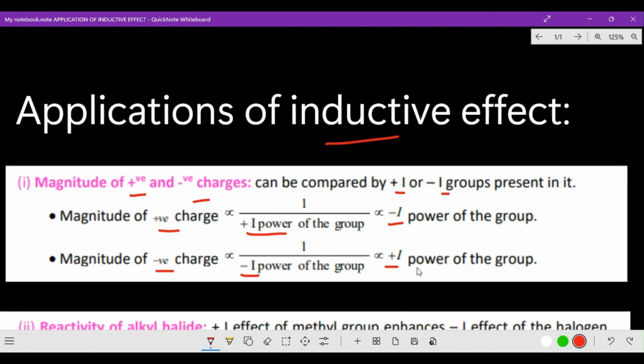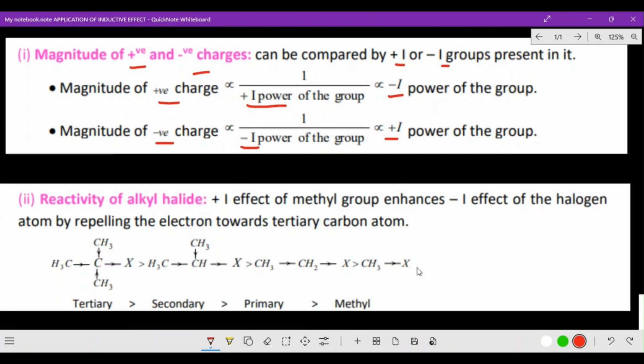The second application is the reactivity of alkyl halide. Here, the plus I effect of the methyl group enhances the minus I effect of the halogen atom by repelling the electron towards the tertiary carbon atom.